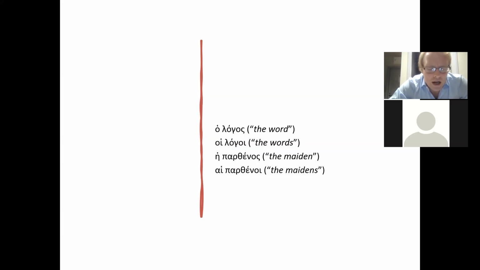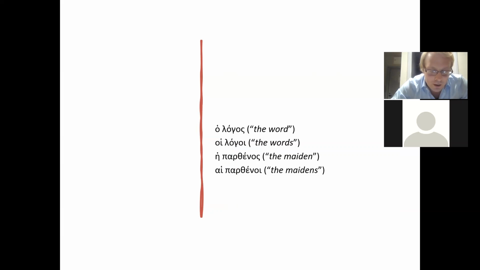And this same function for the definite article of expressing something familiar is in use also in Greek. However, here the form of the article varies according to case, number, and gender, and also in accordance with the word the article connects to. So thus we have, for instance, as you can see here on the PowerPoint, logos, that means the word, but hoi logoi, that means the words.